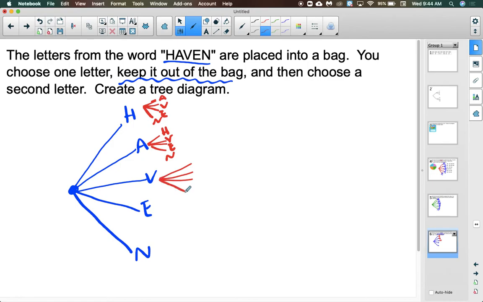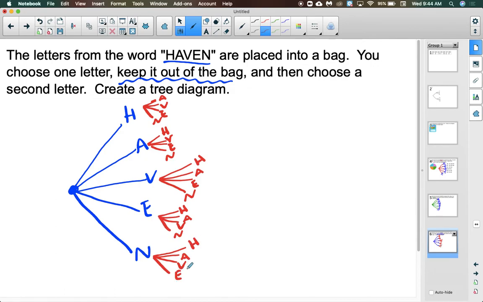So that means I have all the letters there except for the letter V: H, A, E, N. Here, I picked the letter E first, so I have all the letters except for the letter E: H, A, V, N. And for this last one, I picked the letter N first, so I have all the letters except for the letter N.